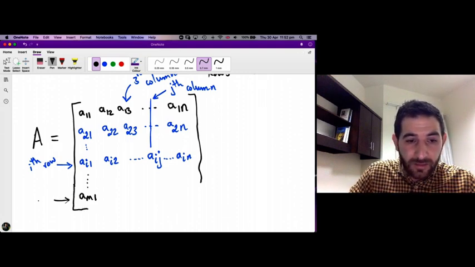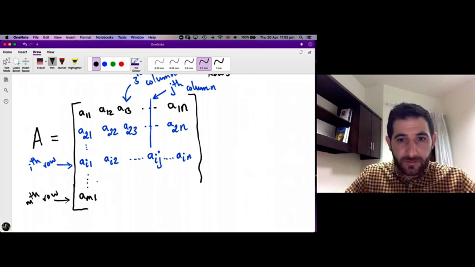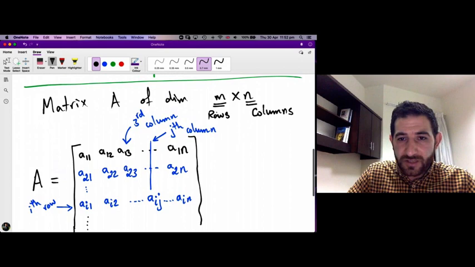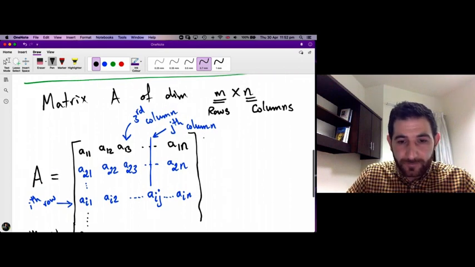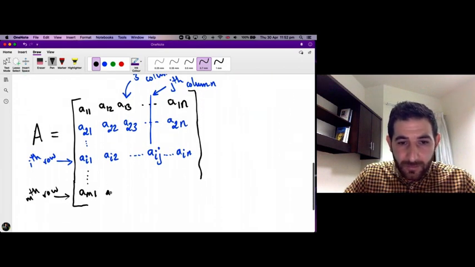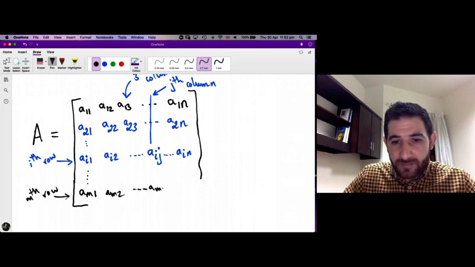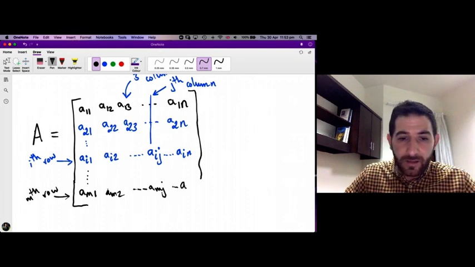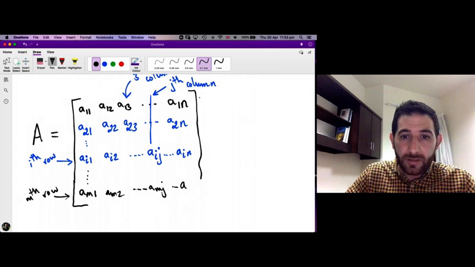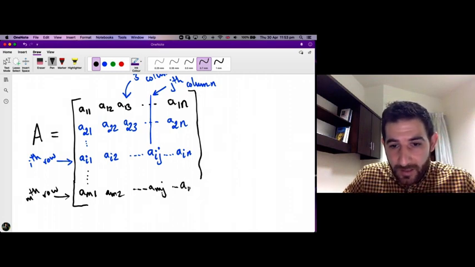This is the last row, which is the mth row, because we started with a matrix which has m rows and n columns. And this will be Am2, and so on. This will be Amj, so mth row and jth column, and the last one will be in the mth row and the nth column. So this will be Amn.